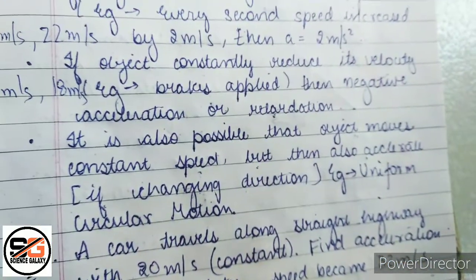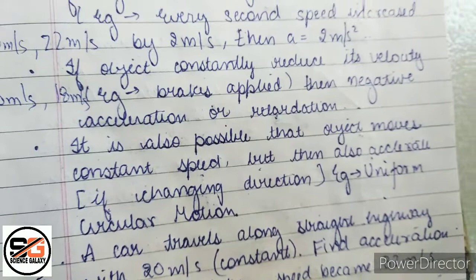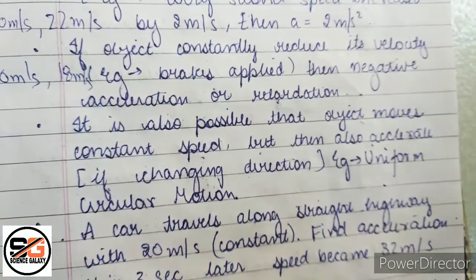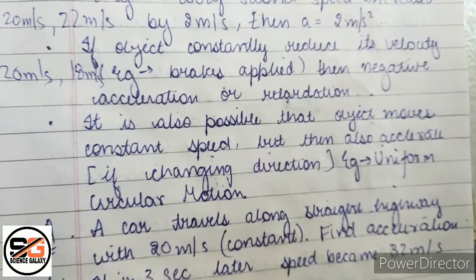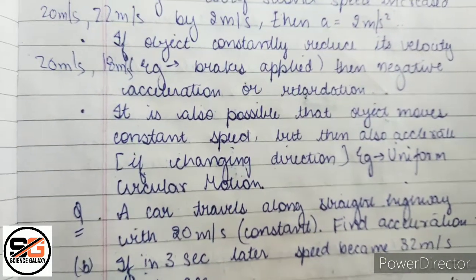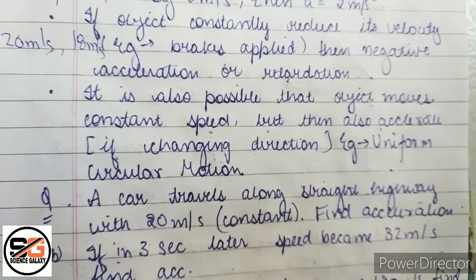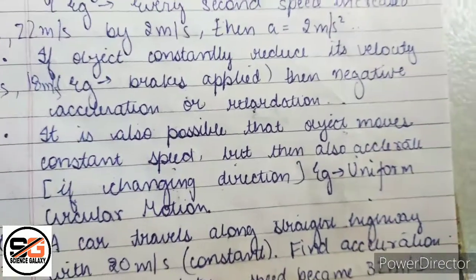How can we decrease our velocity? By applying brakes. That would mean our acceleration is negative. Negative acceleration is called retardation.